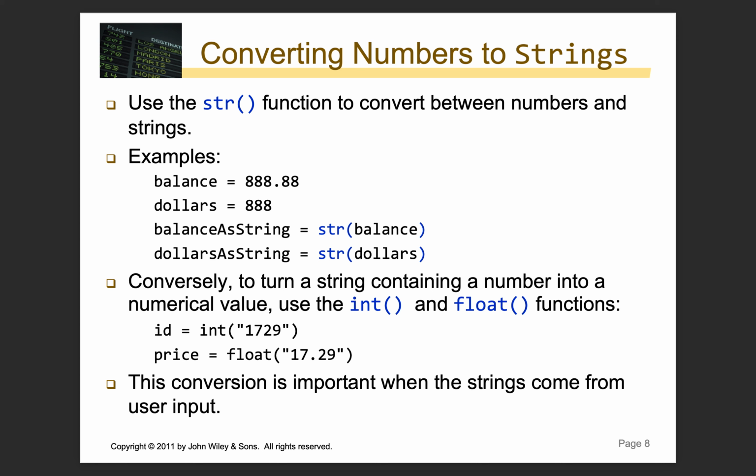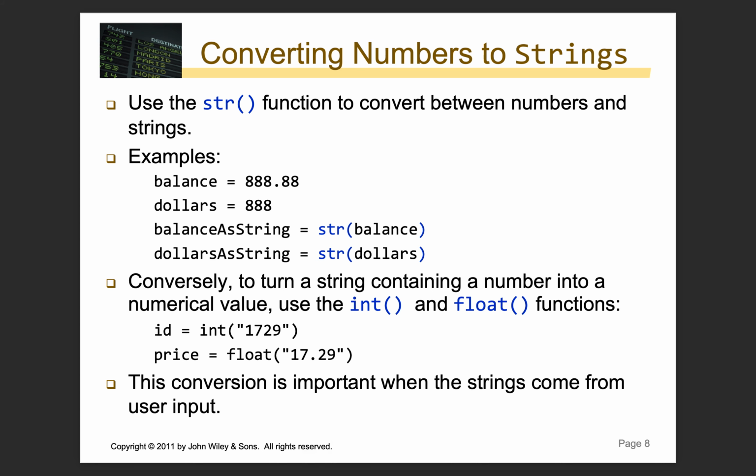Similarly, if we were given 17.29 as a string, by using the float cast function, we could turn that string 17.29 into a numerical float value that we can then, again, do addition, multiplication, and so on with.